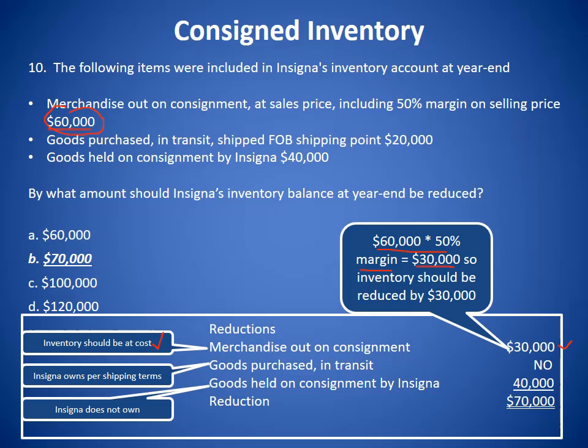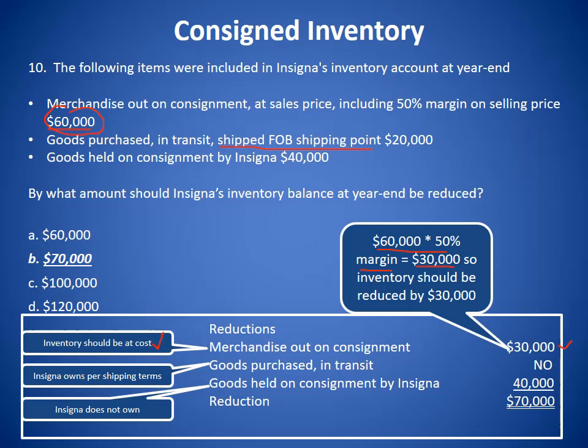Number two then is we have goods purchased in transit and shipped FOB shipping point, and the amount is $20,000. Now, remember, according to the shipping terms, FOB shipping point means Insignia owns the goods as soon as those goods are being shipped by the common carrier.